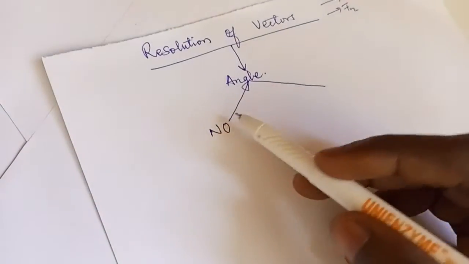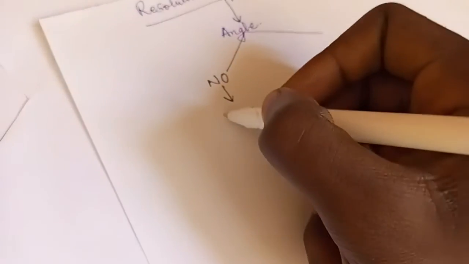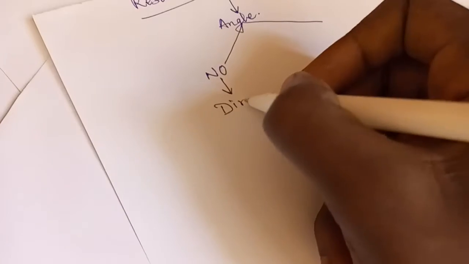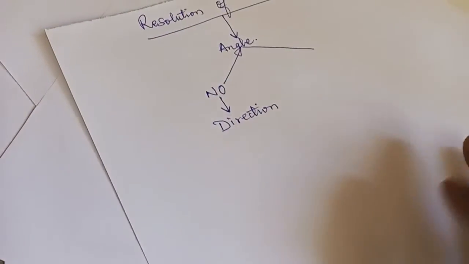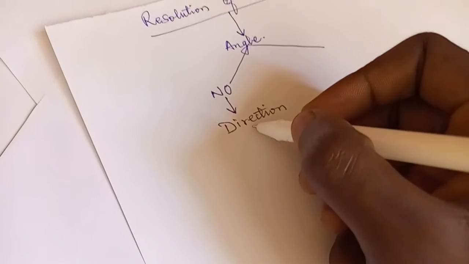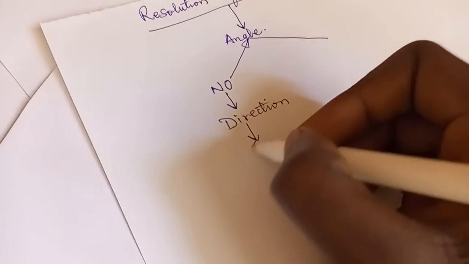If those vectors do not make an angle with each other, the next thing you will check for is the direction of the vectors. You check for direction. Now, if you are checking for the direction, this will be divided into two.